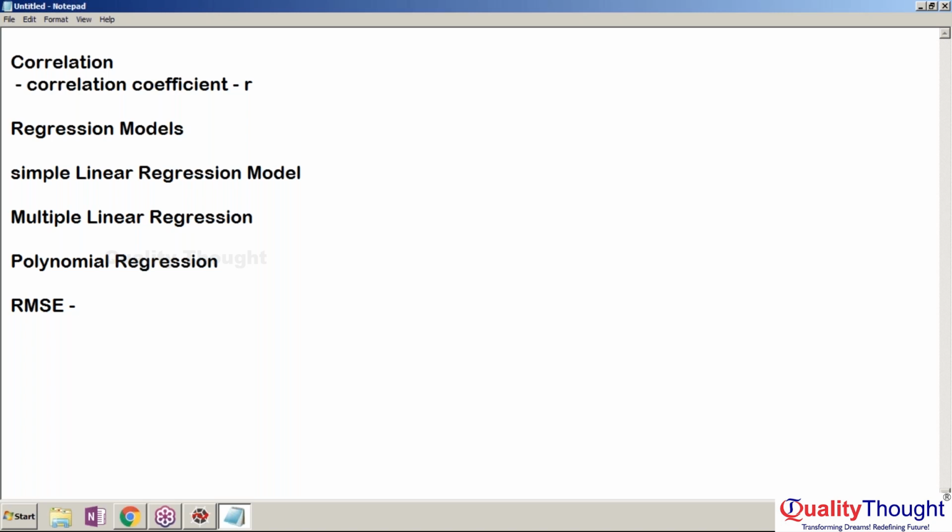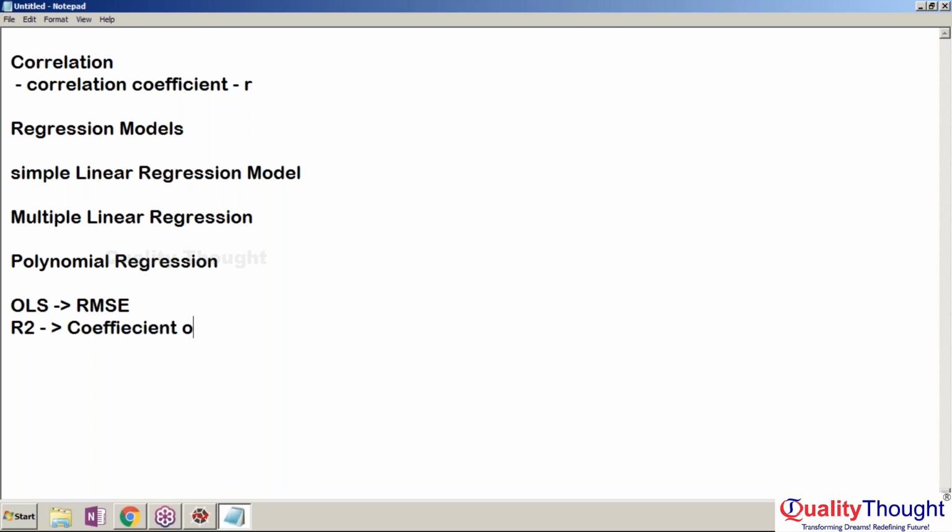Okay, the ordinary least squares method will provide you the RMSE, which is going to be a square error, mean square error. And also one more thing is R square. What do you mean by this one?